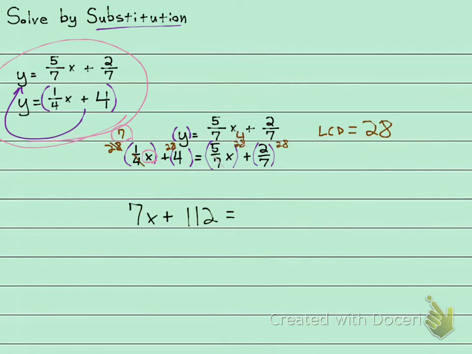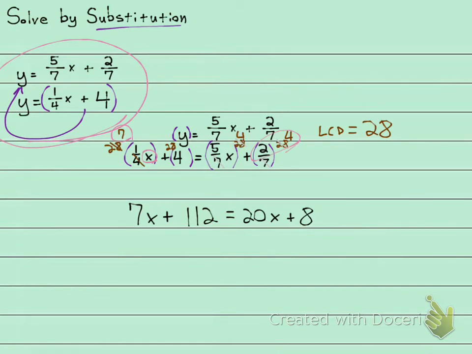So I have 5 times 4 gives me 20x. And then these two will reduce. 7 and 28 give me a 4, and then 4 times 2 is going to give me 8. So you see the LCD got rid of all of my denominators.